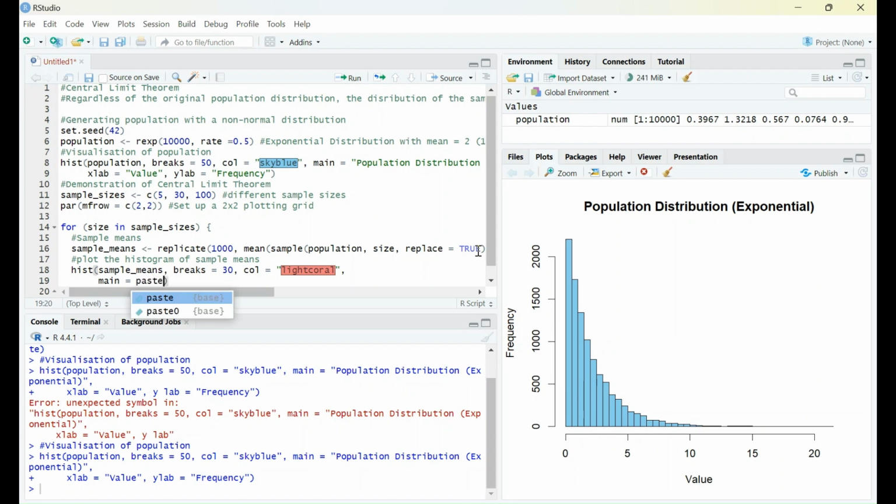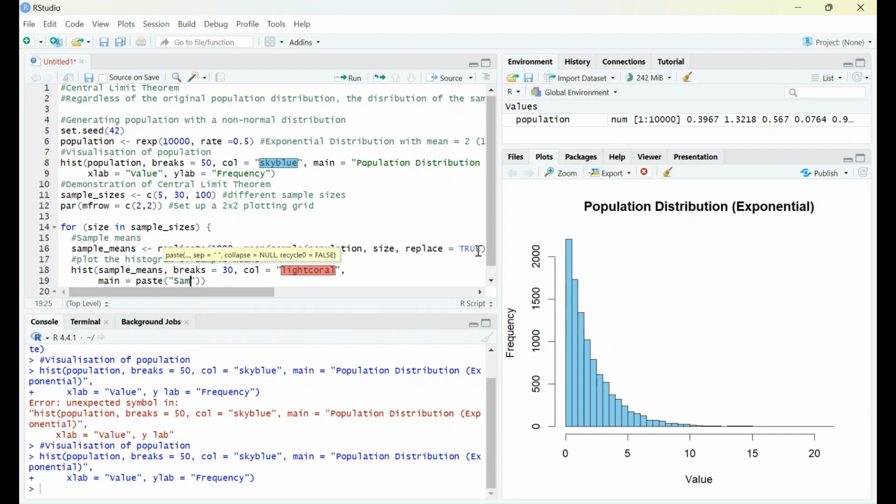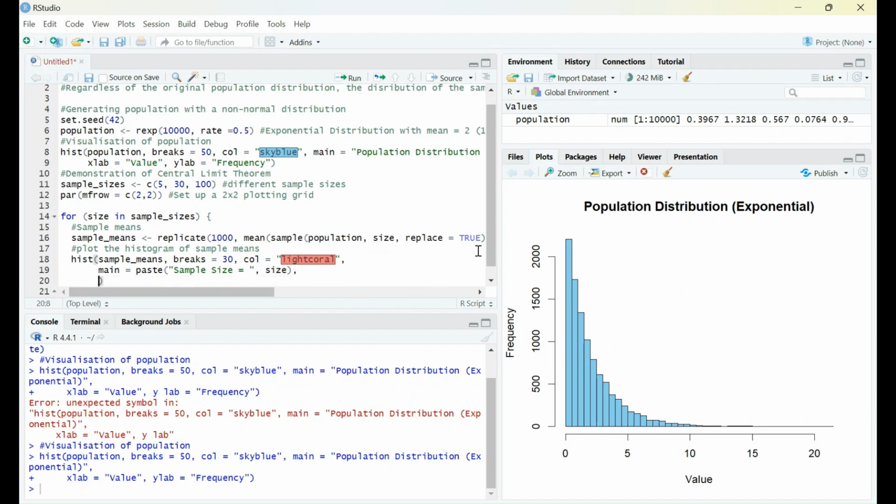Main is titled sample size is equal to size, x lab sample mean, y lab frequency.